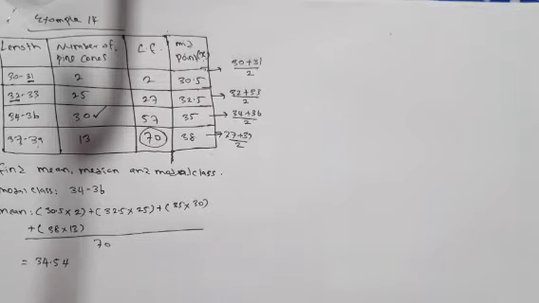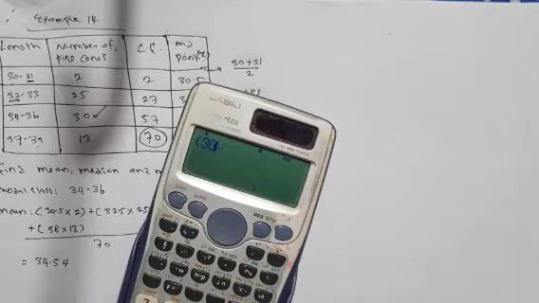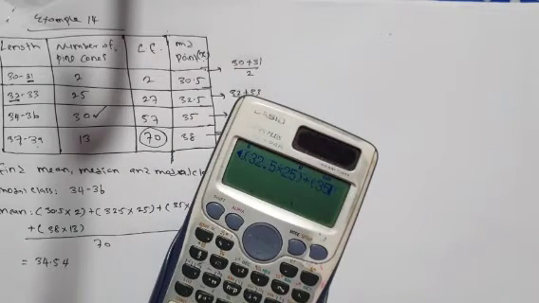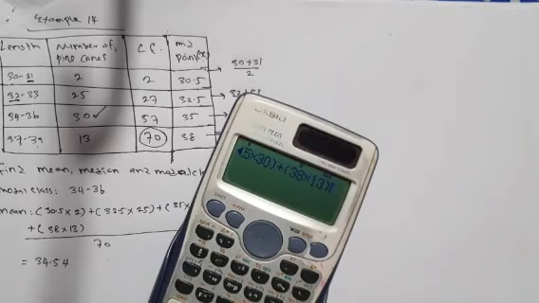So first we multiply and add. You can do it like this: 30.5 times 2, you can use brackets, plus 32.5 times 25 plus 35 times 30 plus 38 times 13, press equal, and then divide this by 70.